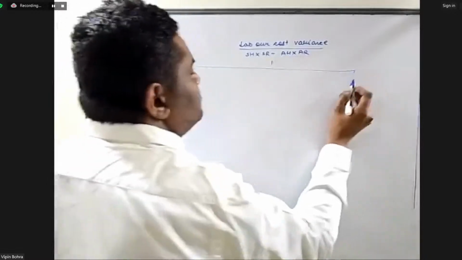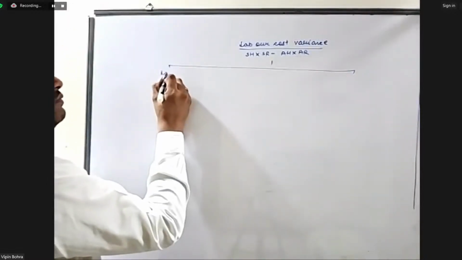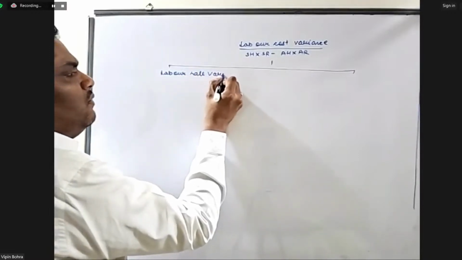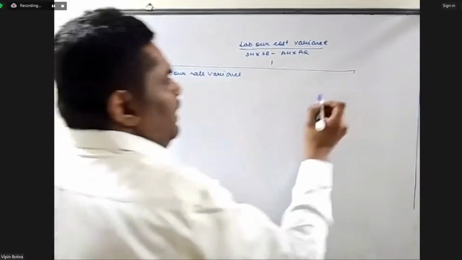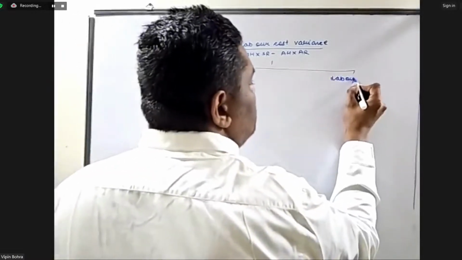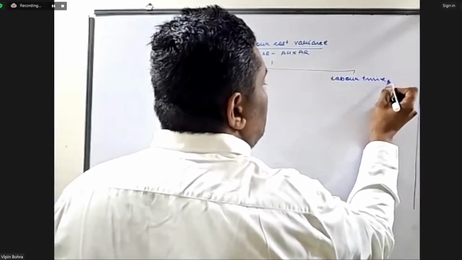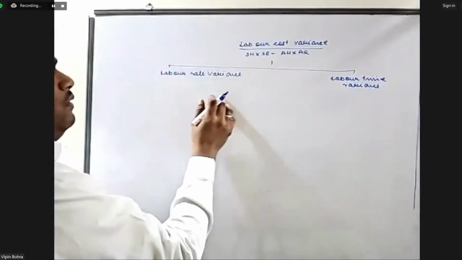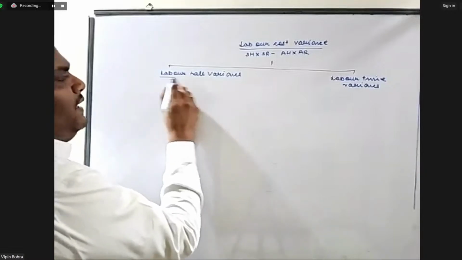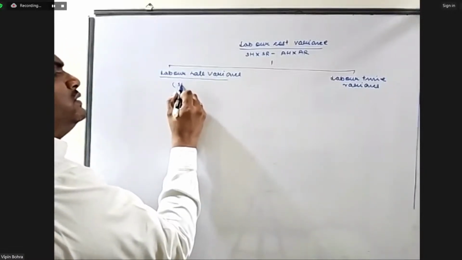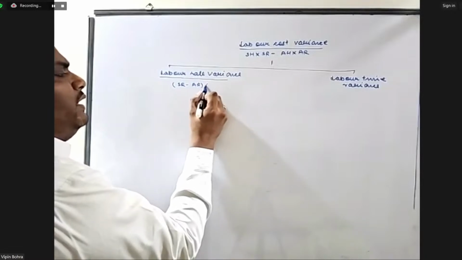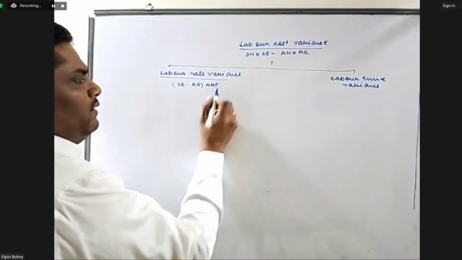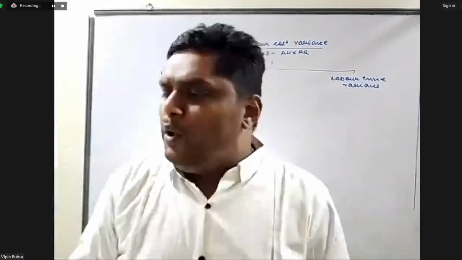Now, two parts: labor rate variance and labor time variance. Labor rate variance is standard rate minus actual rate into actual hours paid. Now, guys, very important.